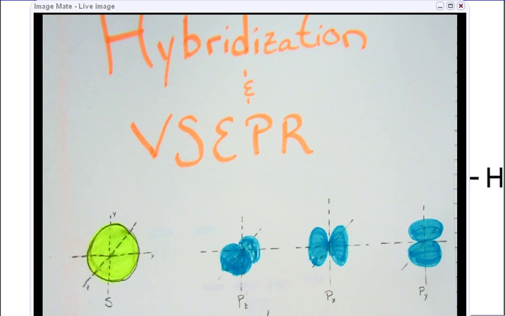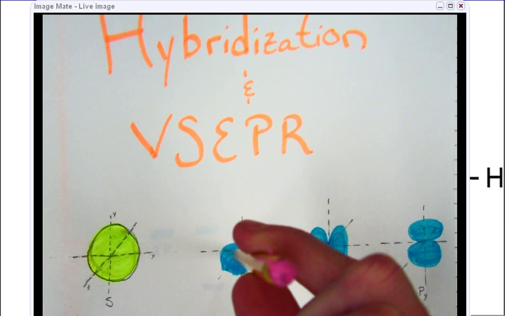So when I have s orbitals combining with p orbitals, remember that there is only one s, it's big and circular, stands for sharp. The p's are dumbbell shapes and can align along the 3 axes of a 3-dimensional plane. You can align along the z-axis, which comes into and out of the screen.